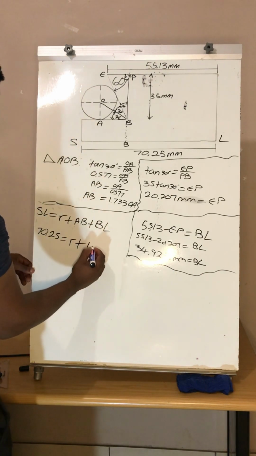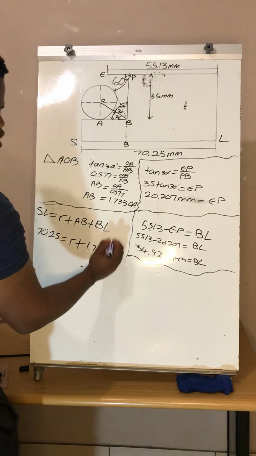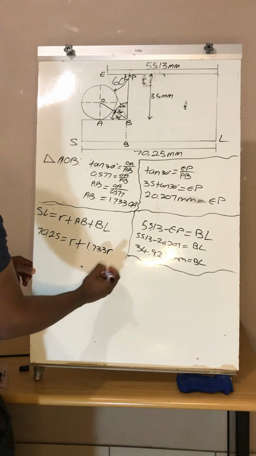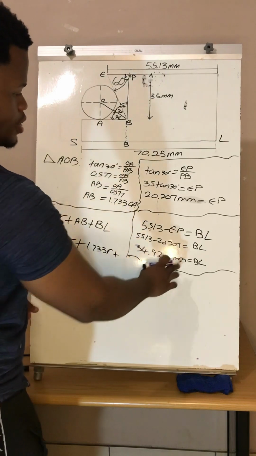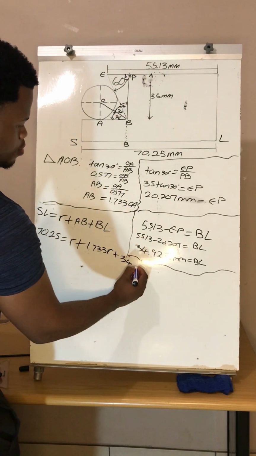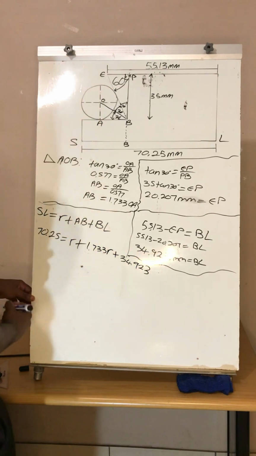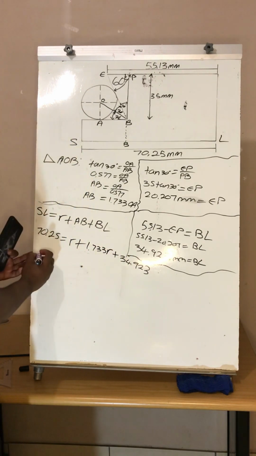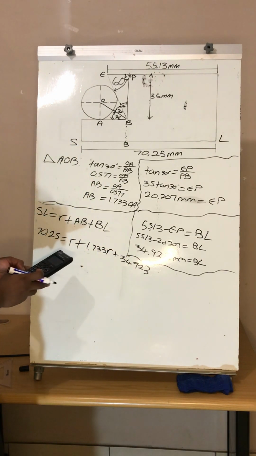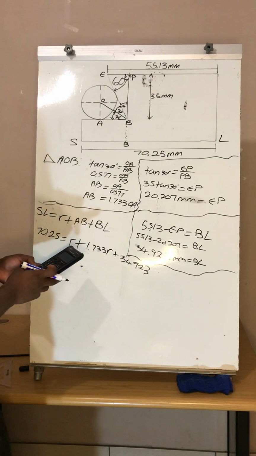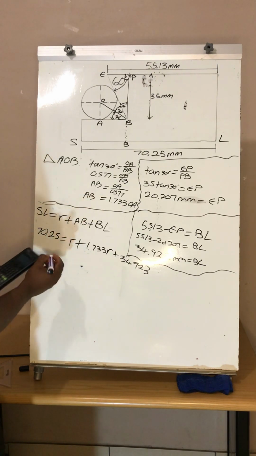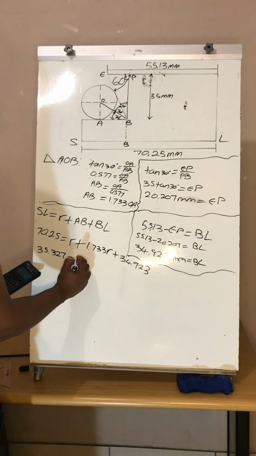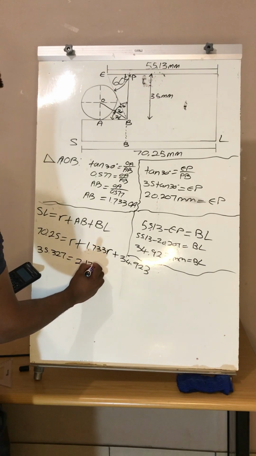AB, we found as 1.733 multiplied by radius, since OA is the radius, plus BL, which is 34.923. So we can transpose our 34.923 to the left hand side. We will have 70.25 minus 34.923, which will give us 35.327, equal to 2.733 R.